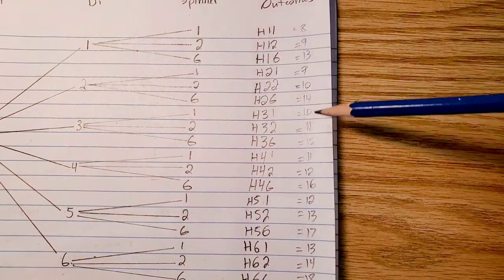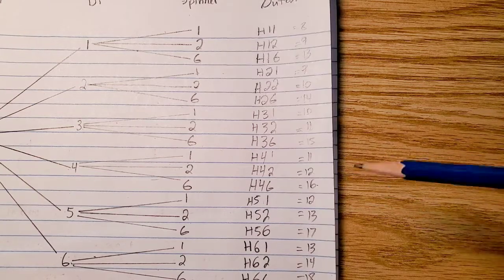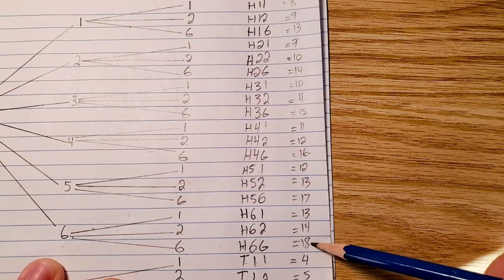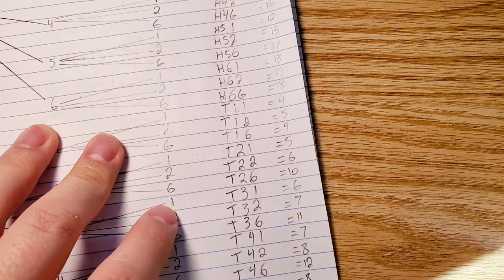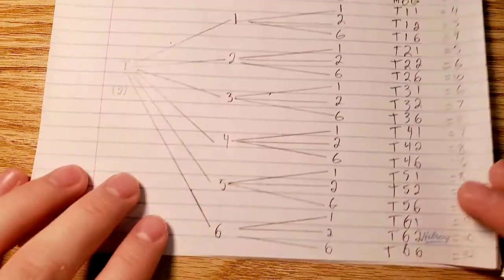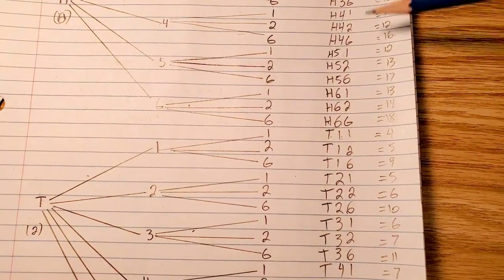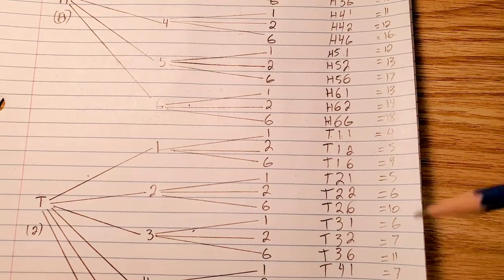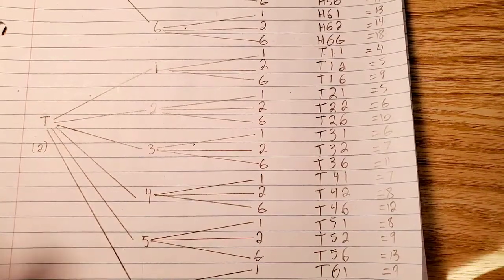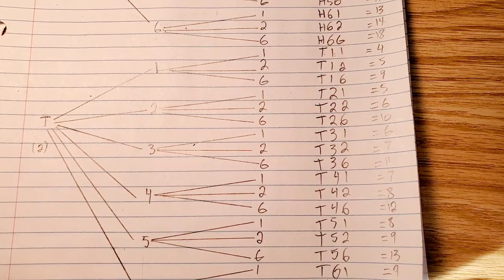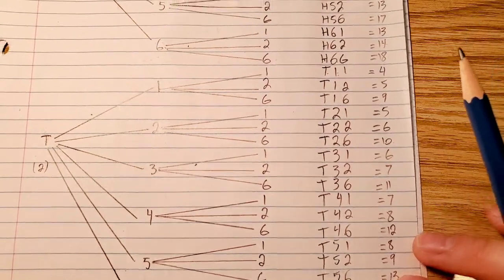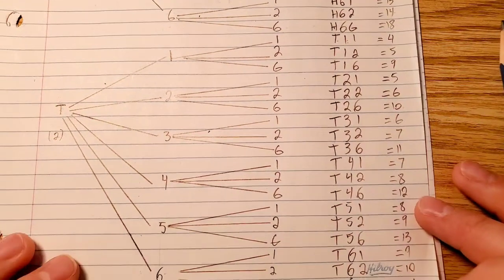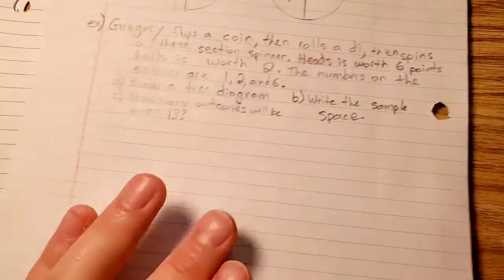Going down here, we've got 1, 2, 3, 4, 5, 6, 7. So only 7 of these 36 options would be an outcome that's over 13. So would it be likely that that would happen? No, that wouldn't be very likely.